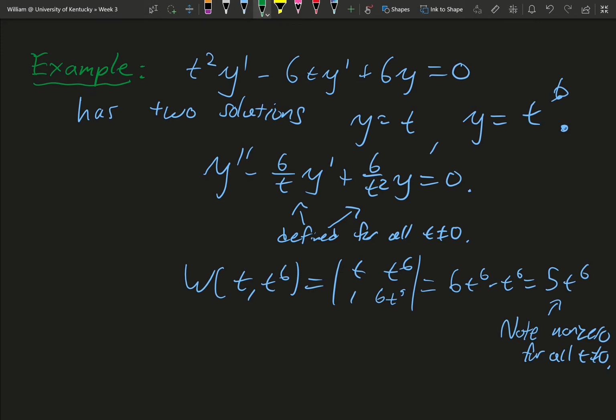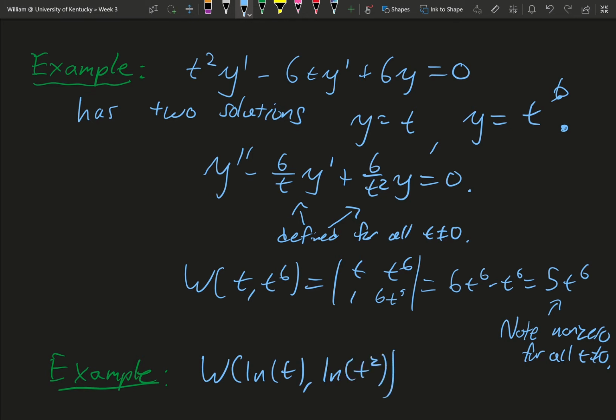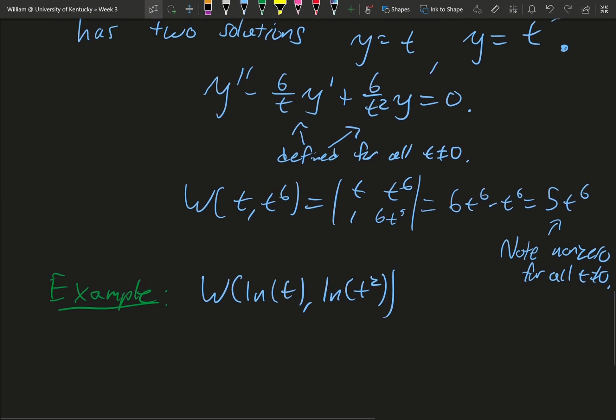There was an example yesterday on the worksheet where we were asked to compute the Wronskian. In fact, there were two functions that dealt with this, ln t and ln of t squared. And we were also told that these are both solutions.